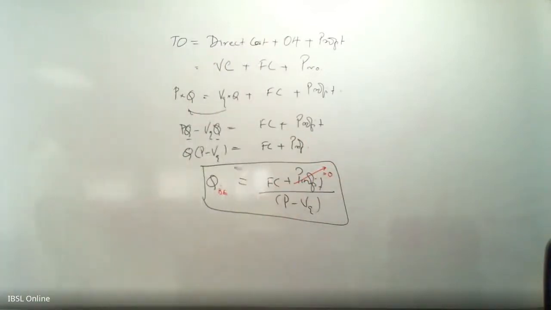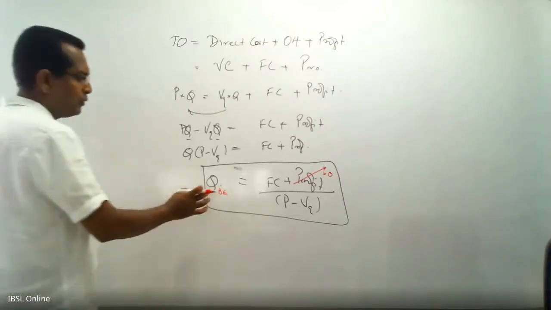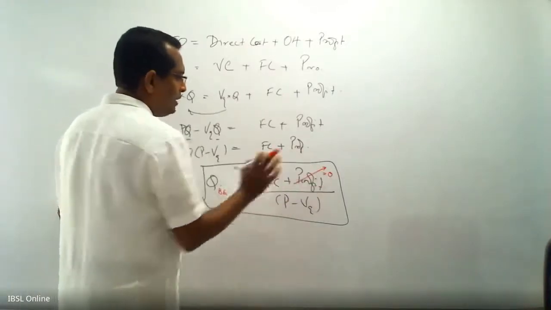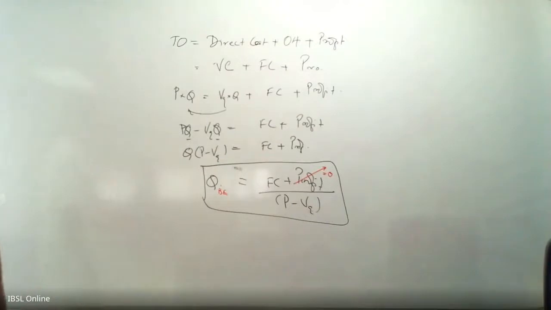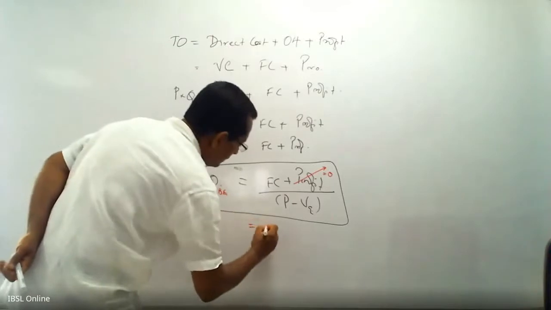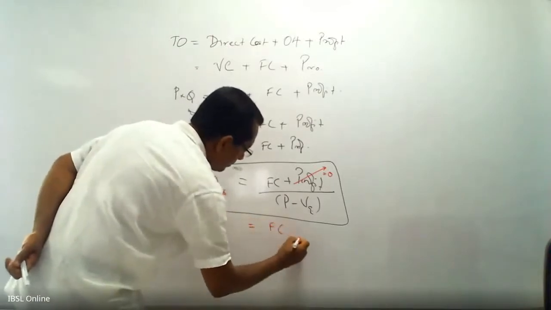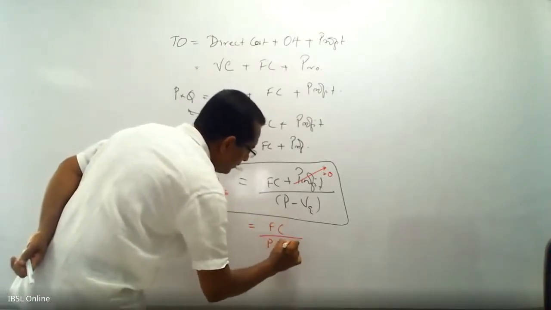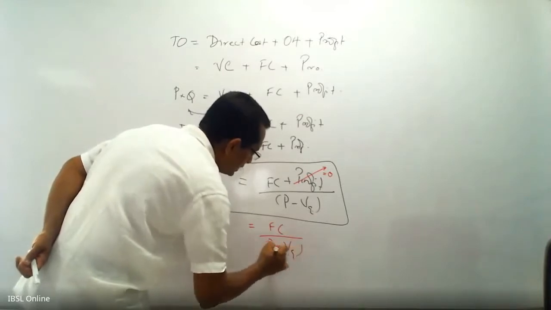Whenever you have to find break-even quantity, profit equals 0. Break-even point is the point at which no profit, no loss. Right? So this can be written as fixed cost divided by price minus variable cost per unit.